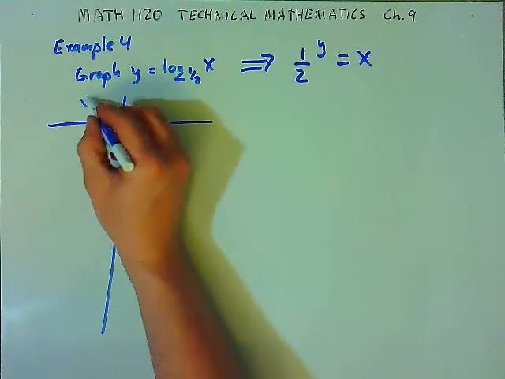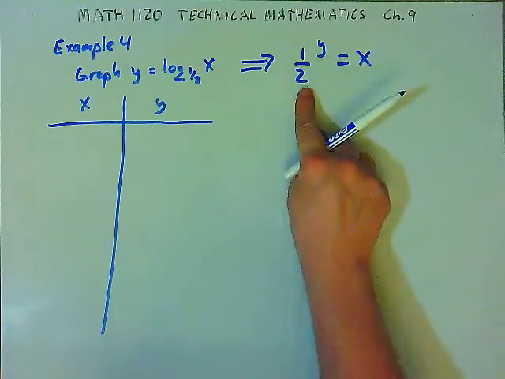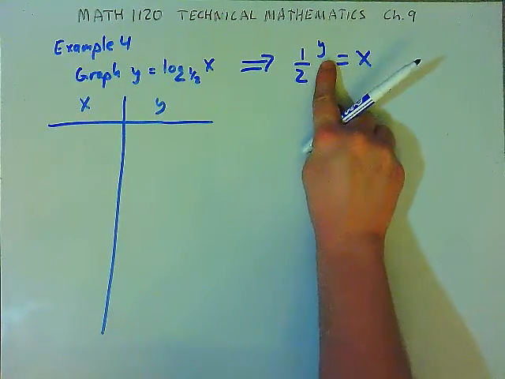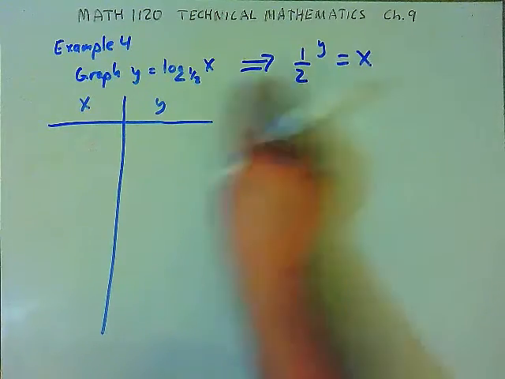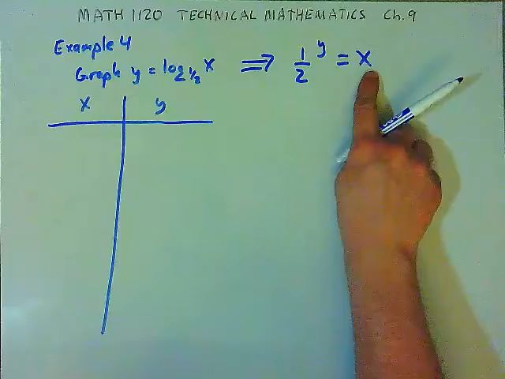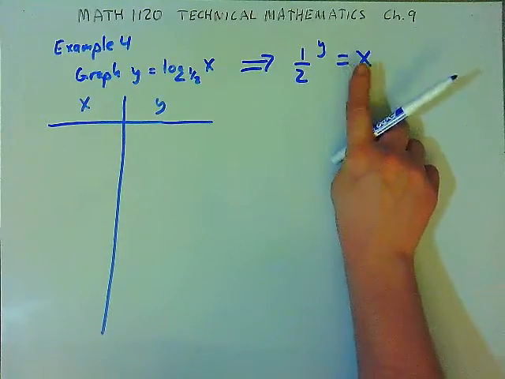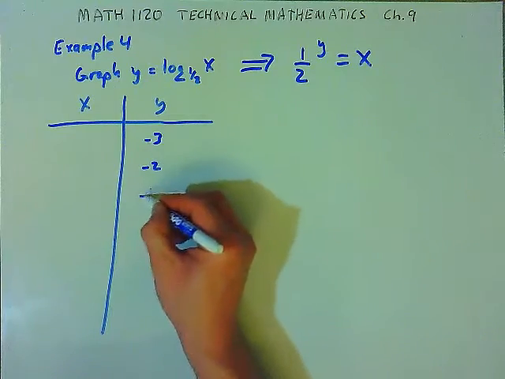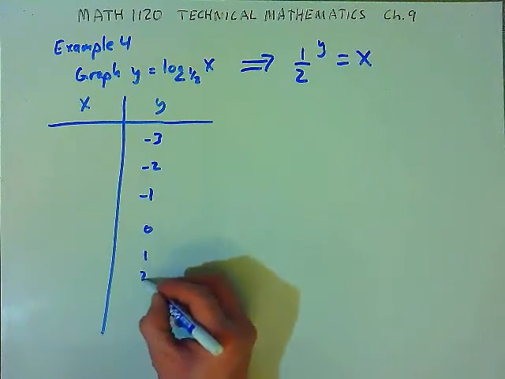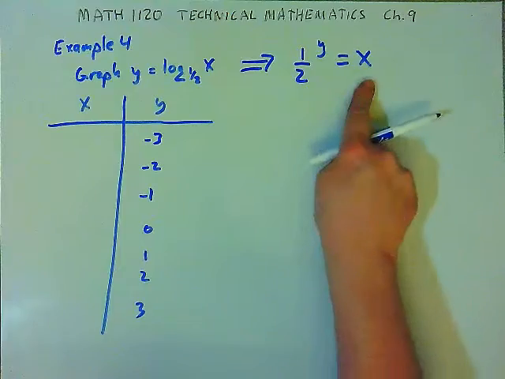We have x values and we have y values. And again, it's going to be a lot easier for us to choose values for y because we can raise 1/2 to those powers and then figure out what x is. We don't want to make up values for x first and then try to figure out what y is. That'll be a lot harder. So we want to use values like negative 3, negative 2, negative 1, 0, 1, 2, and 3, and then figure out what x is.